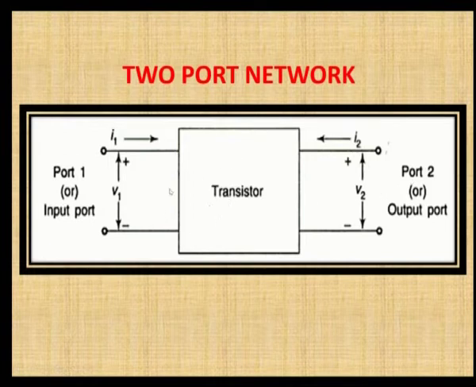Here the behavior of the transistor can be studied by various parameters such as Z parameter, Y parameter and H parameter. Z parameter is otherwise called impedance parameter, Y parameter is admittance parameter and H is hybrid parameter.